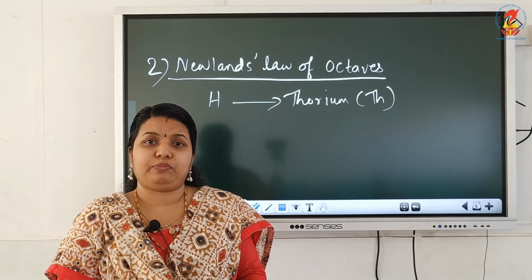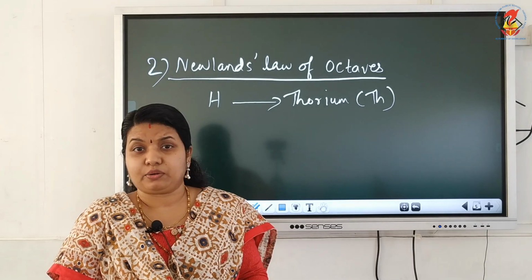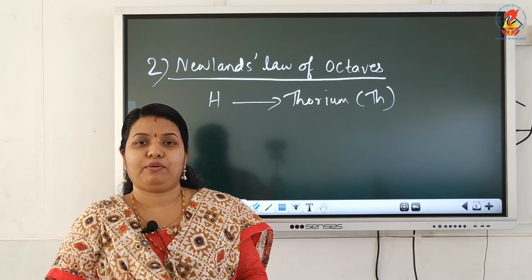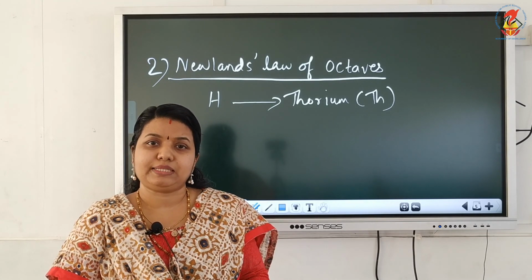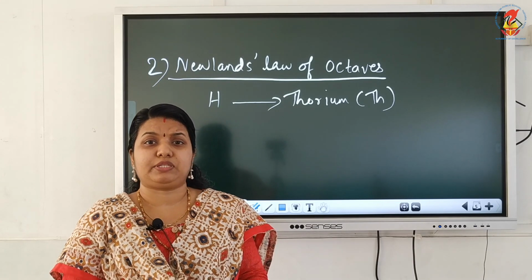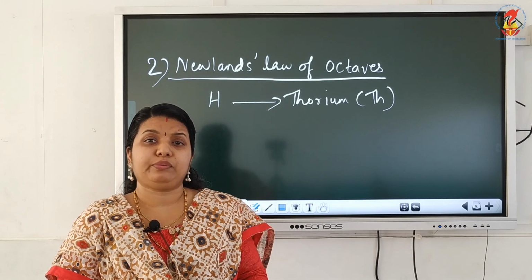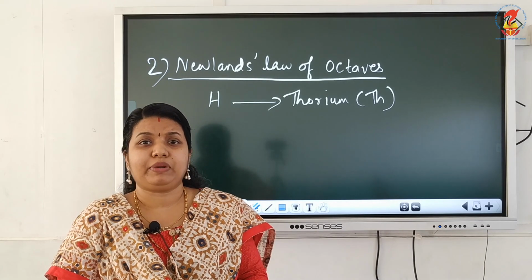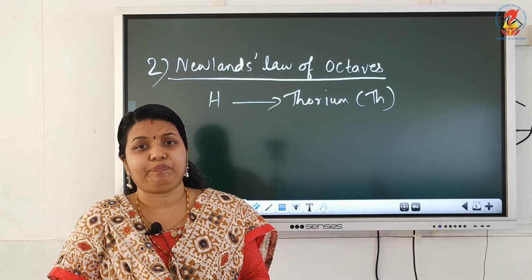No more elements would be discovered later, but later on several new elements were discovered whose properties didn't fit into the law of octaves. And the third one is, in order to fit elements into his classification, Newlands adjusted two elements in the same slot, and he placed unlike elements under the same note.